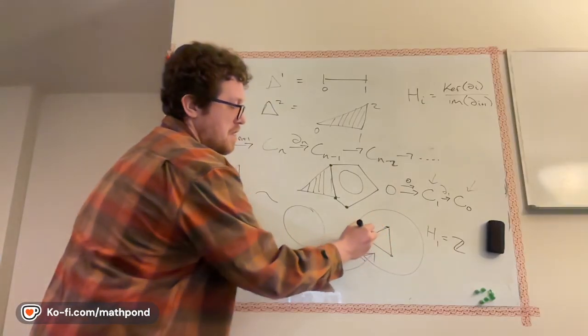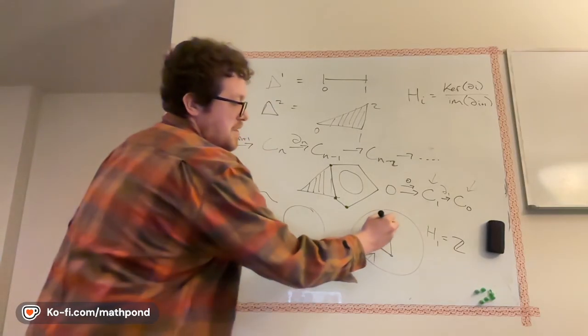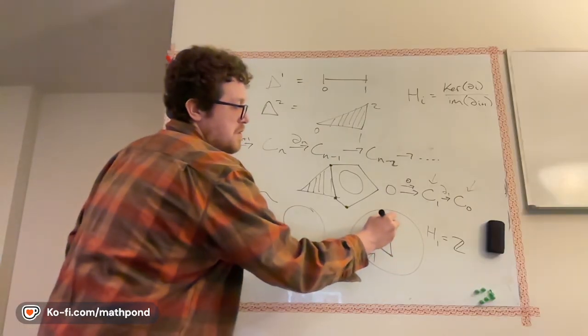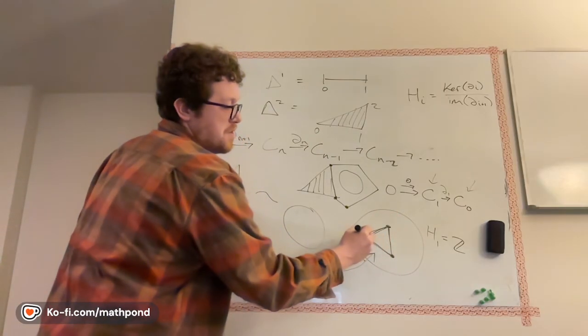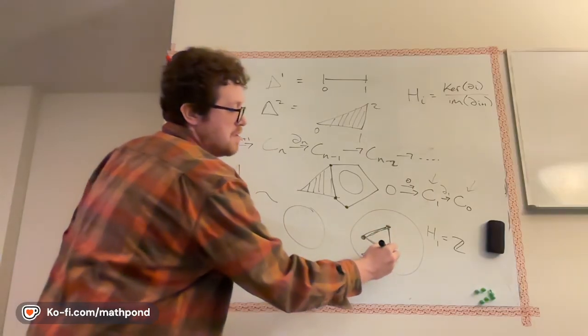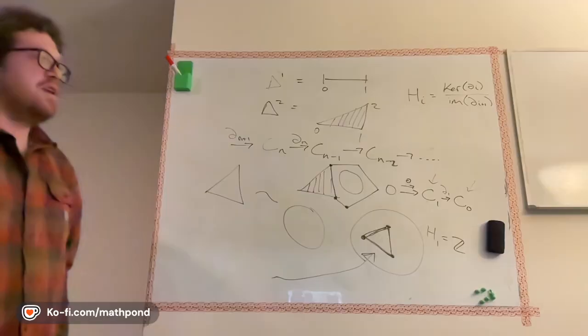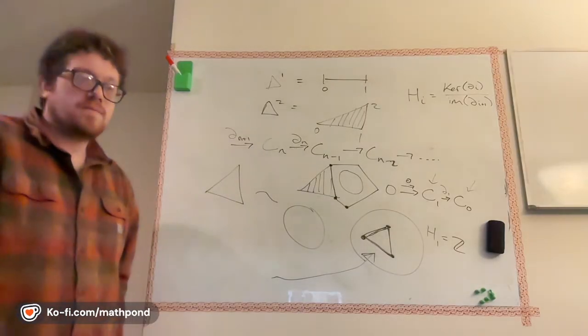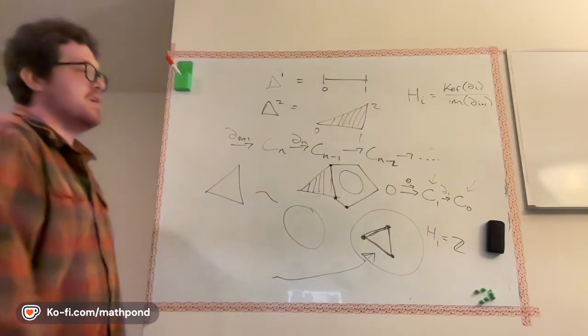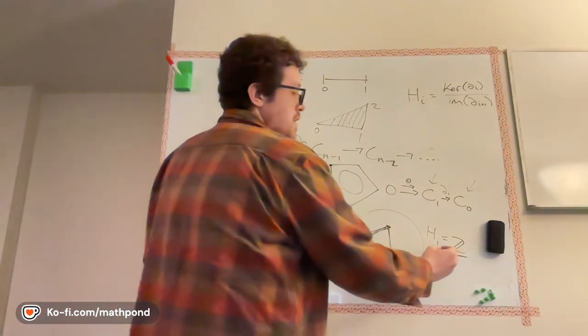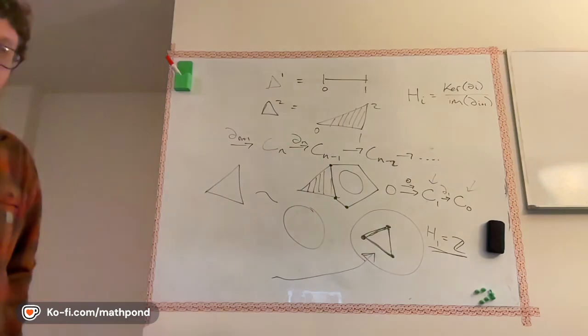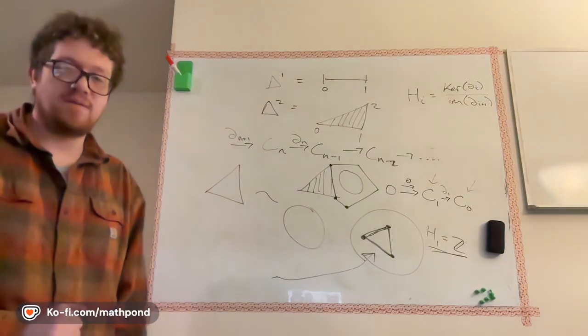So there's just a 1-dimensional piece and a 0-dimensional piece. There's 3 0-dimensional vertices and 3 1-dimensional edges, and no 2-simplices. That would be an interesting exercise or homework problem if you want.